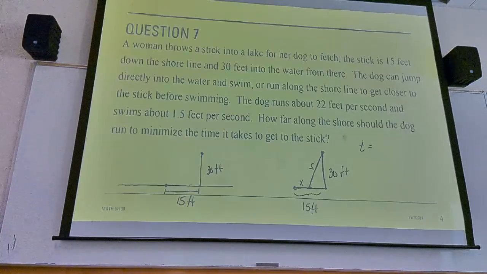T would be X plus S. Wait, no, X times 22 and... there's X's and S's in there. Definitely agree. There's X and S. X divided by 22 plus S divided by 1.5.